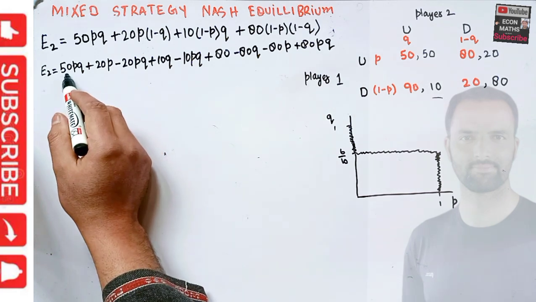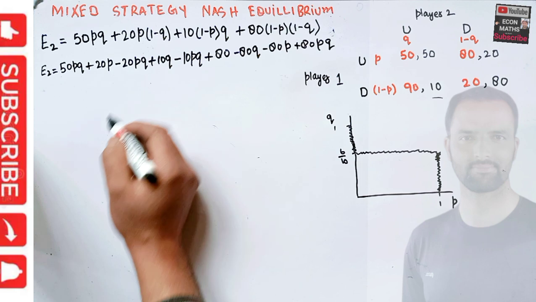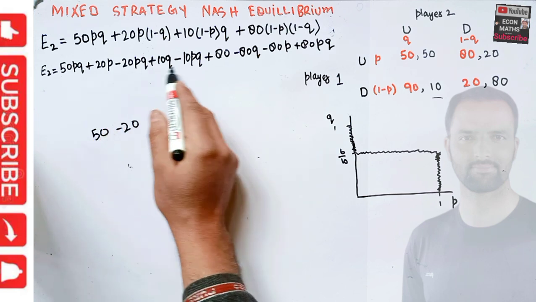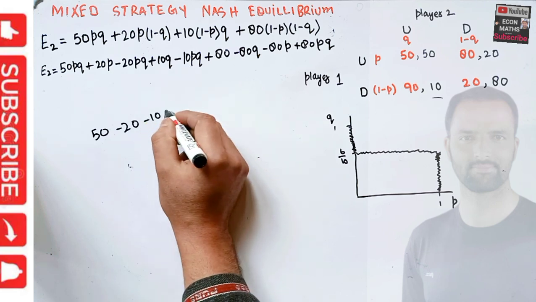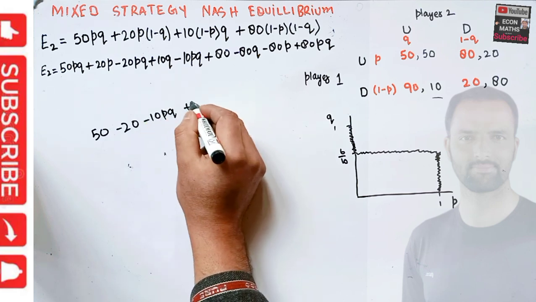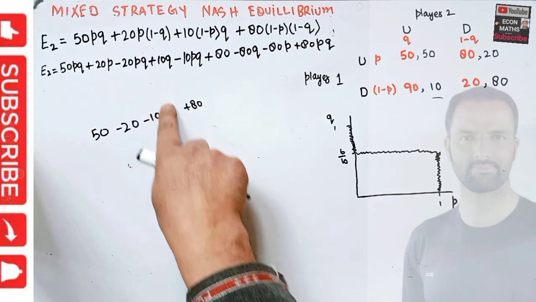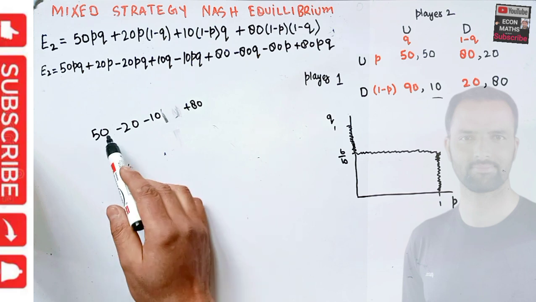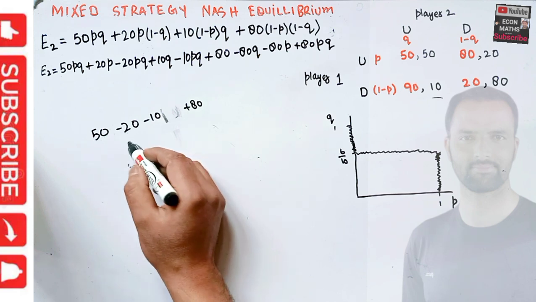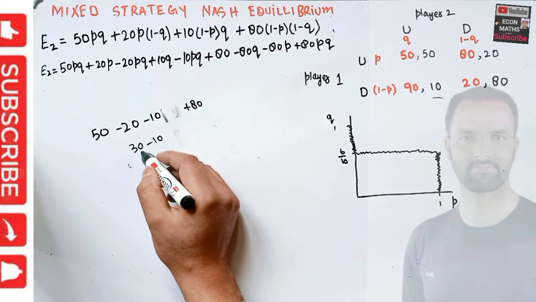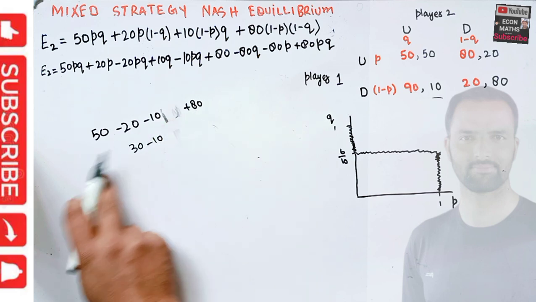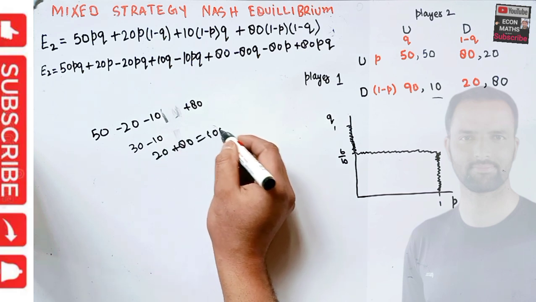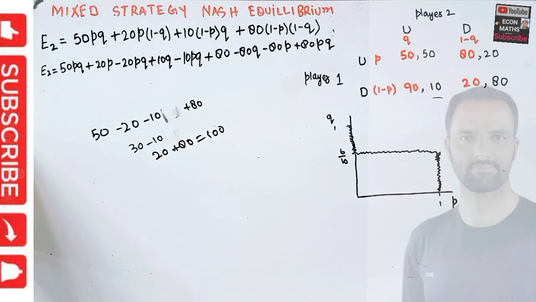So we have 50 PQ, then minus 20 PQ, then minus 10 PQ and 80 PQ. These are the PQs. So let's see what it comes out to be. This is 50 minus 20 is 30, minus 10 is 20, plus 80. This comes out to be 100.